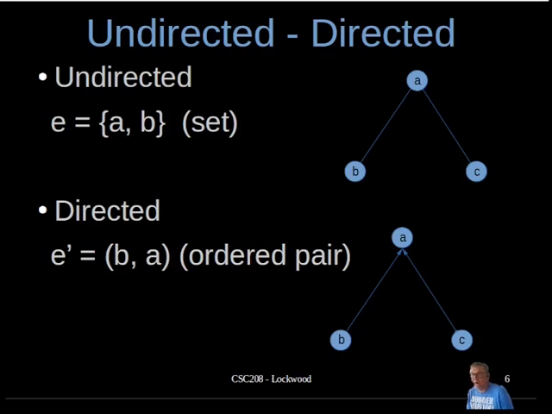For directed graphs, however, we use ordered pair notation when we're talking about a given edge because the edge BA, which is shown in the second graph on this page, is different from the edge AB. And when we talk about a directed graph, the first coordinate is the head and the second coordinate is the tail. So this ordered pair here, BA, is uniquely describing the edge that we are seeing from B to A.